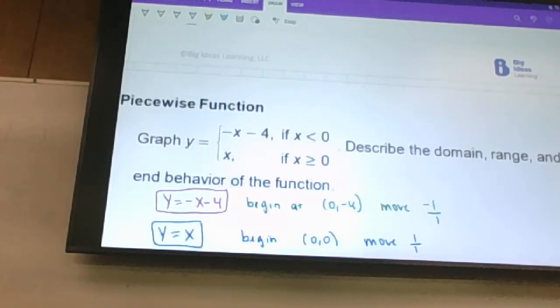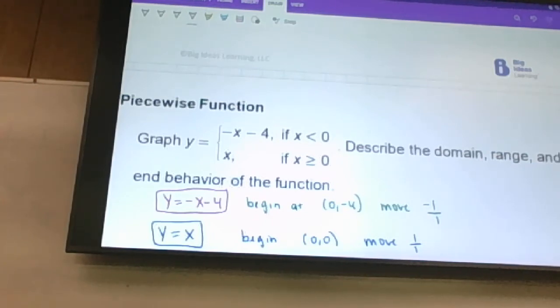So what's the top one say? Like, you guys say x, well, if x, so the first if statement is x what?